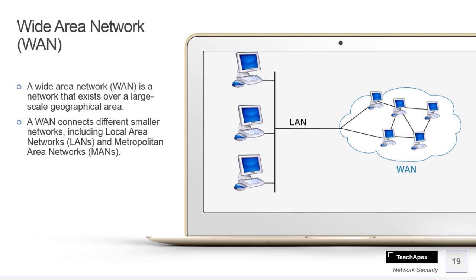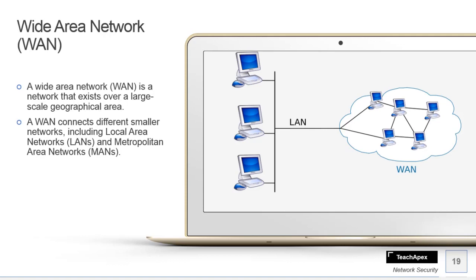A WAN connects different smaller networks, like it can be the combination of multiple LANs or multiple MANs, metropolitan area networks and local area networks. So a WAN connects different smaller networks. The internet is the best known example of a public WAN.